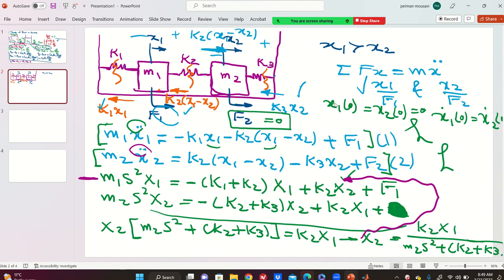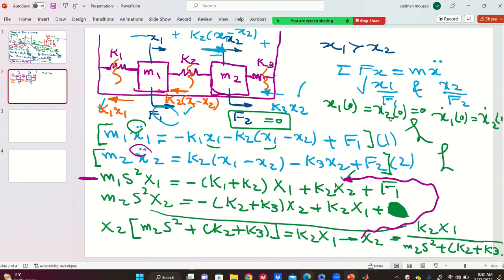Now, if I have three masses, what's gonna be the order? 2 became 4, 3 becomes 6, 4 becomes 8, N masses becomes 2n. If you have n masses in series, you're gonna have a 2nth order system.